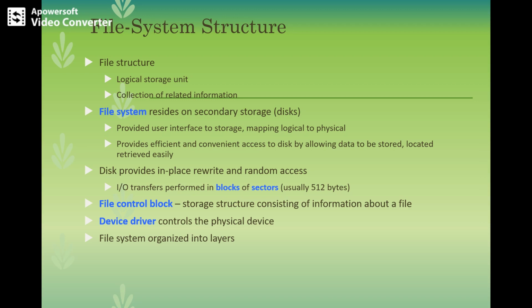So this FCB, or file control block, contains the information about the file, along with the ownerships of the file, and other possible information related to the file, that is the location of the file contents. And there is also the device driver, which controls the physical device. This file system is organized into several layers. We'll see the layers of file system in the next slide.